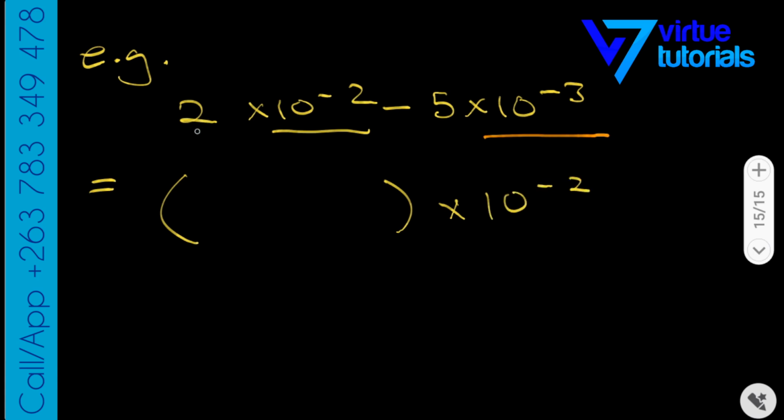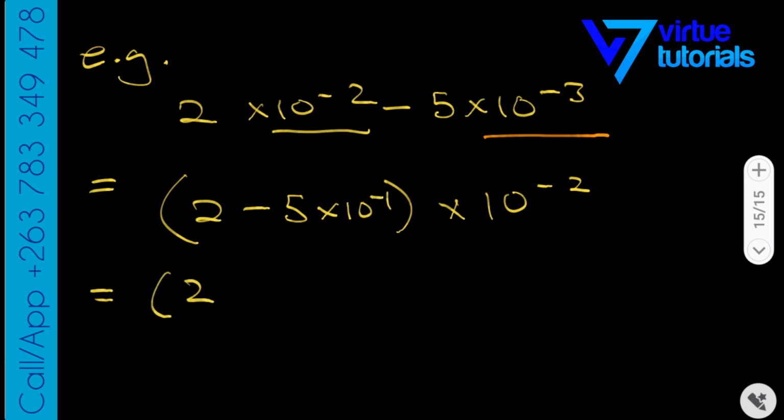So 2 will come in directly as a 2 because it was times 10 to the power minus 2, and that's fully represented by this 10 to the power minus 2 that's factored out. But 5 was 10 to the power minus 3. We factored out 10 to the power minus 2. So there's still another 10 to the power minus 1 remaining from the 10 to the power minus 3. So I'll multiply times 10 to the power minus 1.